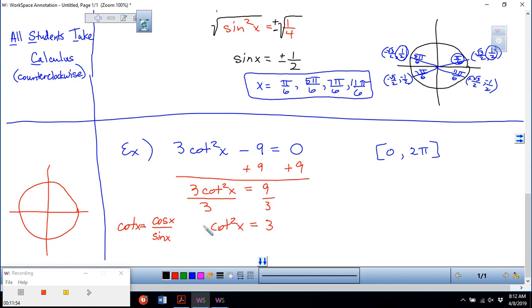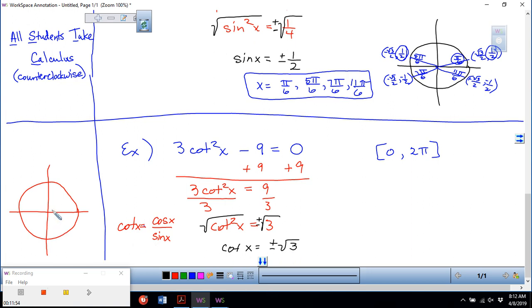So here in a moment, when I take the square root of both sides, I'm not going to see square root of 3, positive or negative, directly on my unit circle, but keeping in mind that cotangent is cosine over sine, what I'm going to do is take my cosine value and divide by my sine value so that I get the square root of 3.